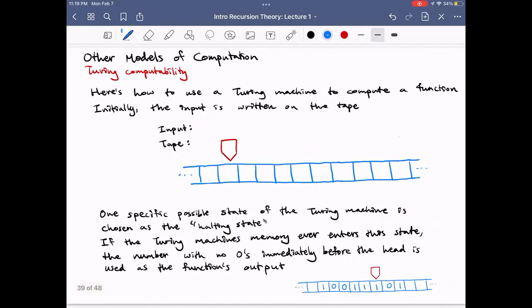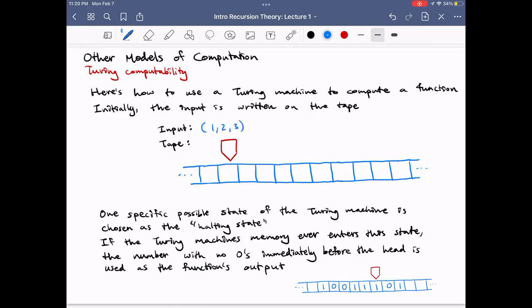And how does this actually give you a function from natural numbers to natural numbers? Well, the idea is that at the beginning of the operation of the machine, we write the input on the infinite tape. Suppose, for instance, that the input was the numbers 1, 2, 3.